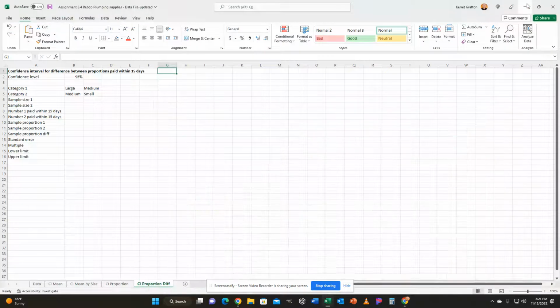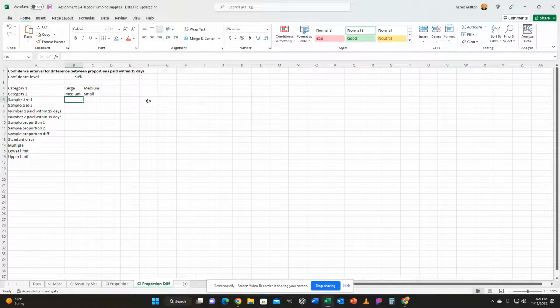On this tab, I already created the two columns for you: large to medium and medium to small. As we did earlier on the confidence interval mean by size tab, we're going to enter formulas using the dollar sign, which means an absolute reference, so we'll be able to copy it over into the next column.